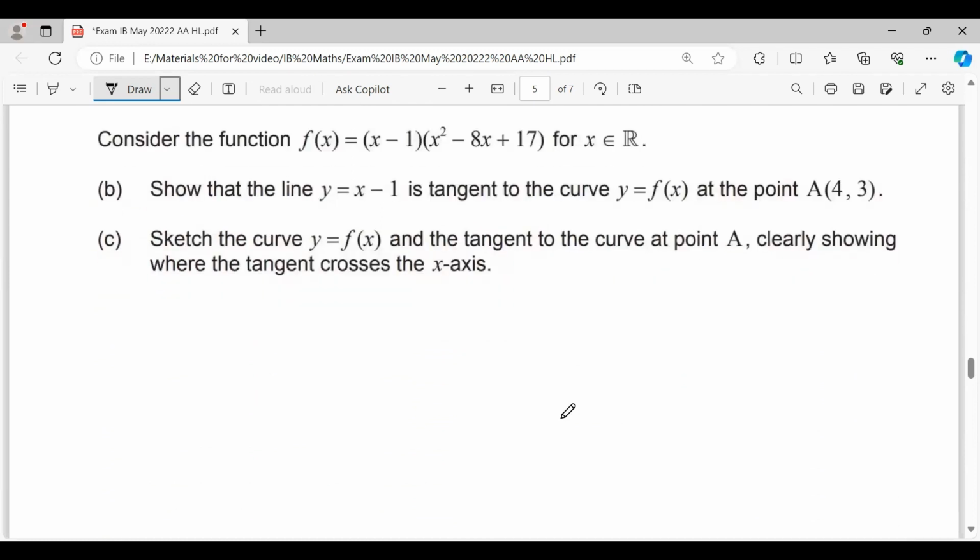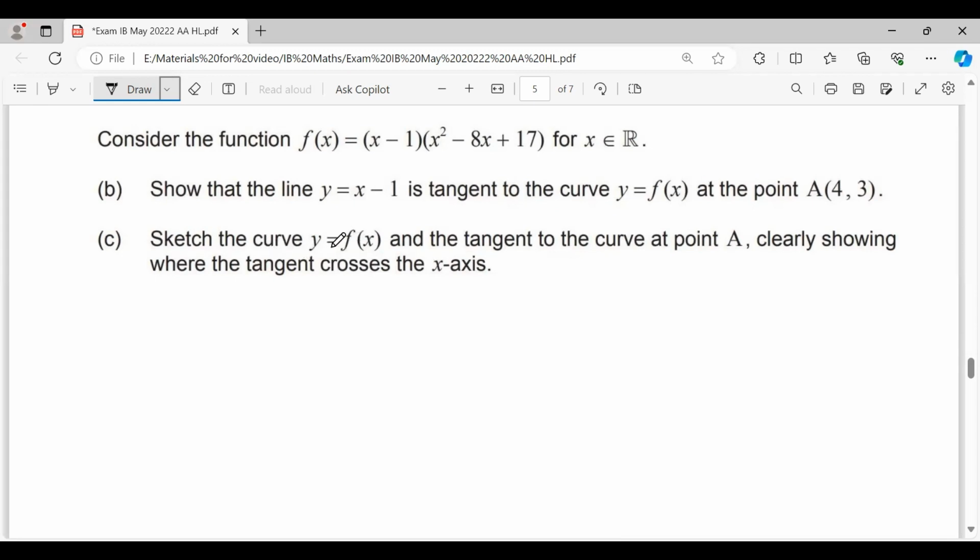Consider the function f(x) equals (x minus 1)(x squared minus 8x plus 17) for x an element of the real numbers. Show that the line y equals x minus 1 is tangent to the curve y equals f(x) at the point A (4, 3).